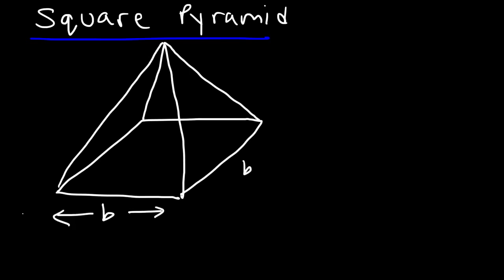That's the length of the base. And here we have the height of the pyramid, which I'm going to call H. And this part here, that's half of B. If this whole thing is B, and this is the center, then this part here is going to be B over 2.